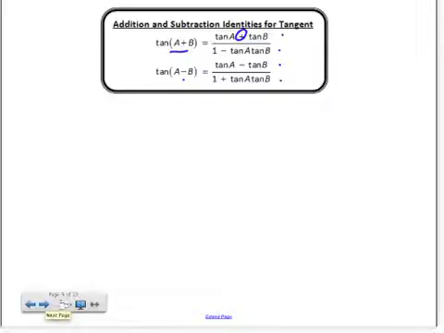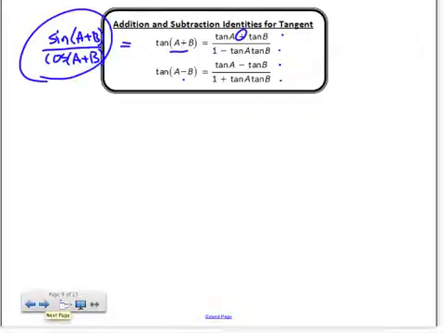Now, here's the thing that's really cool. Isn't tangent equal to sine over cosine? So, to be honest with you, in my opinion, you really don't have to memorize these if you actually can remember how to do this. So, we are going to do this, okay?